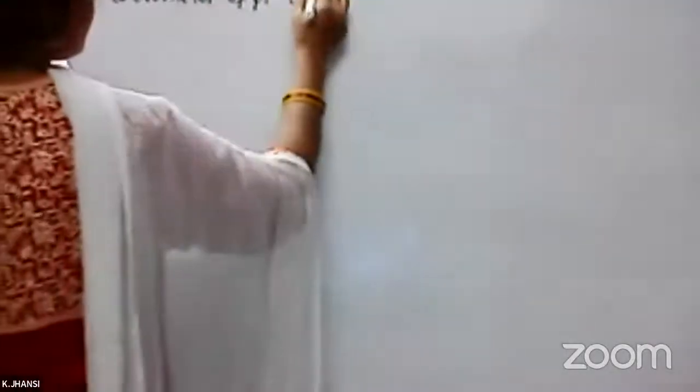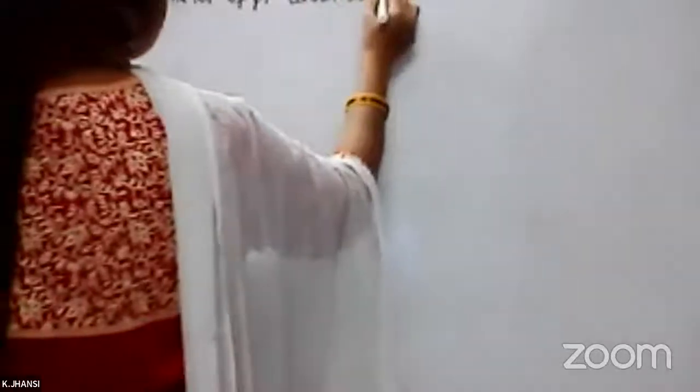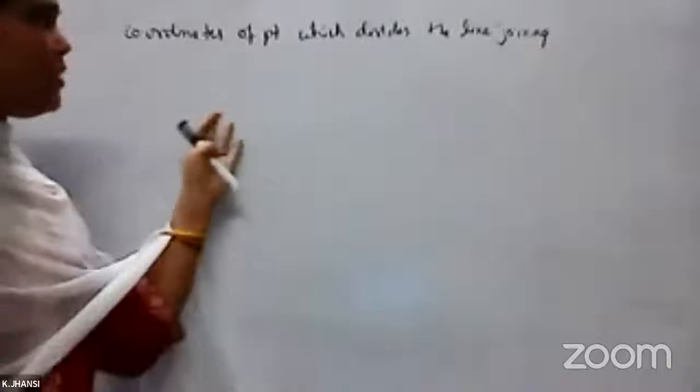Ma'am, we can't see, ma'am. Board is not visible, ma'am. Yes, wait. Now that line you are pairing, no? Ma'am, you are unable to get the unit name upside the coordinate. Which I have just written, the unit name.